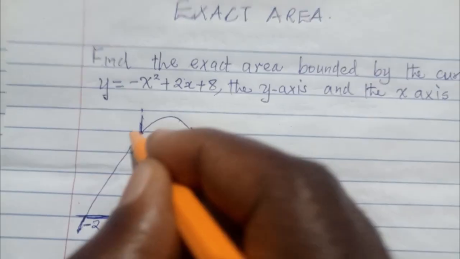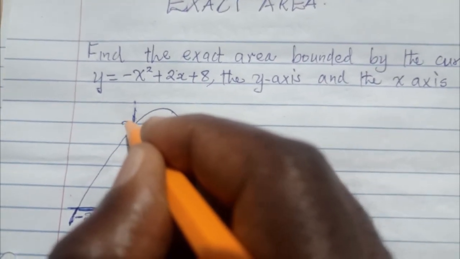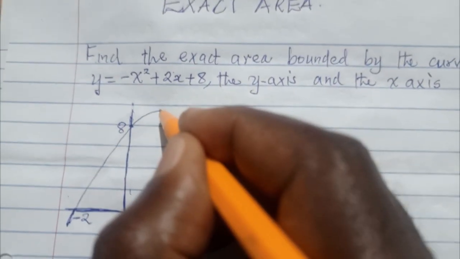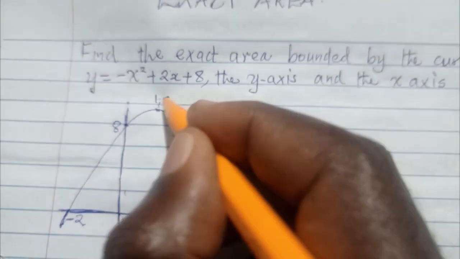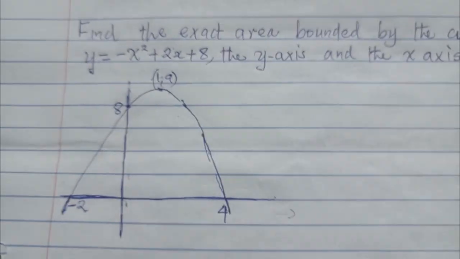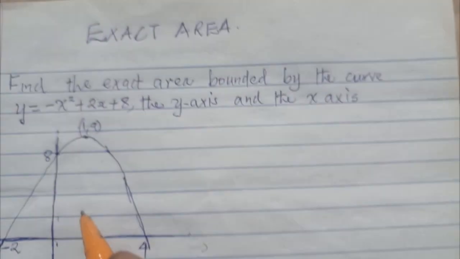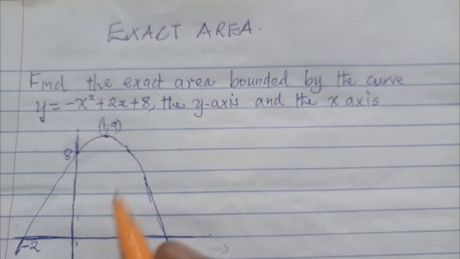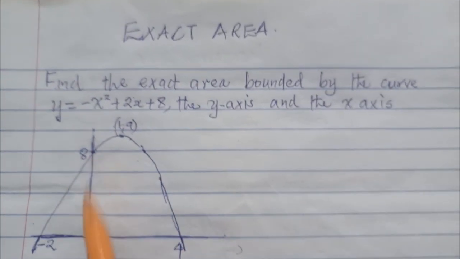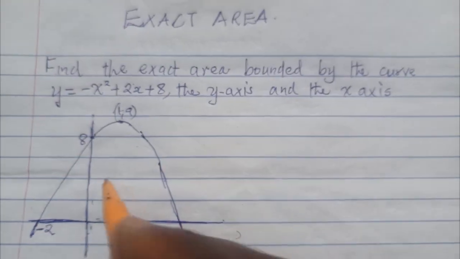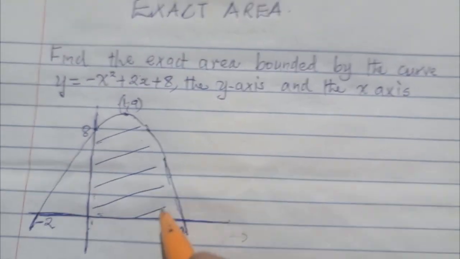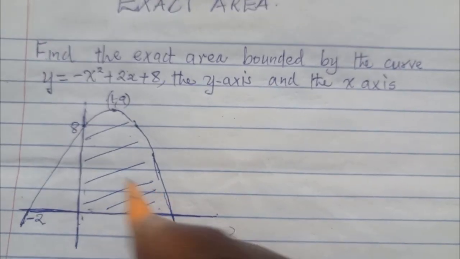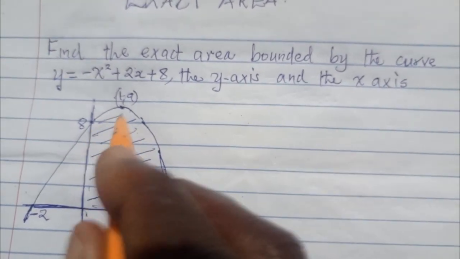The y-intercept is at 8. The turning point is somewhere here, which is a maximum turning point, (1, 9). Now, what you've been asked here is the area bounded by the curve, the y-axis and the x-axis. So again, this shaded part is what the question is asking us to find the area of.